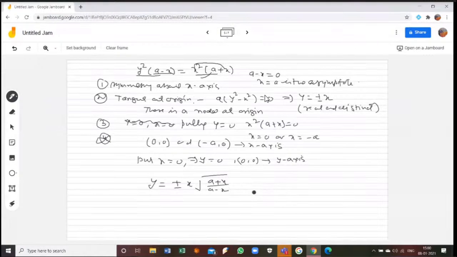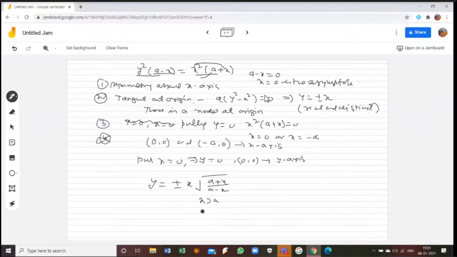So tell me what is the region for this curve. If suppose x is greater than a, then this becomes imaginary. So no part of the curve after x is equal to a.